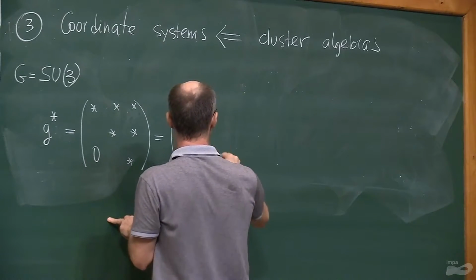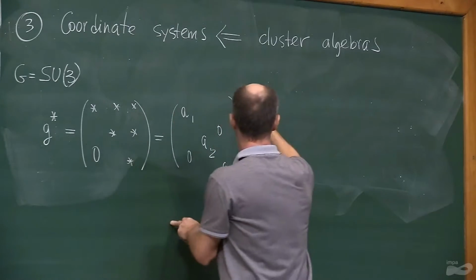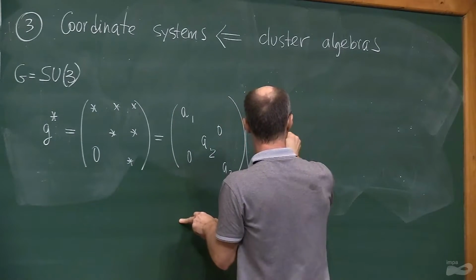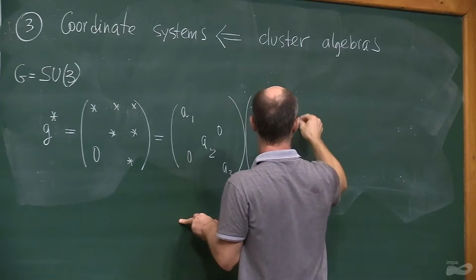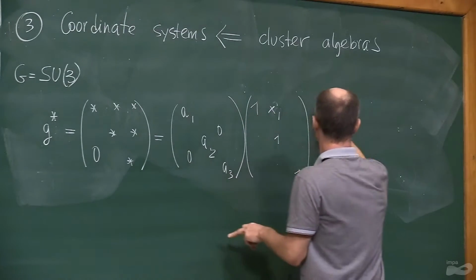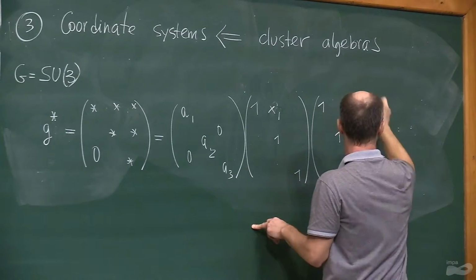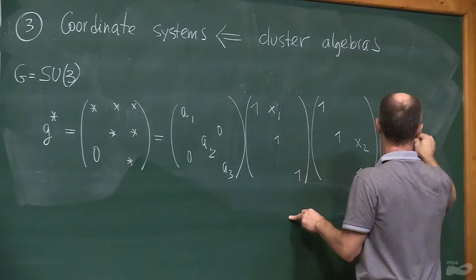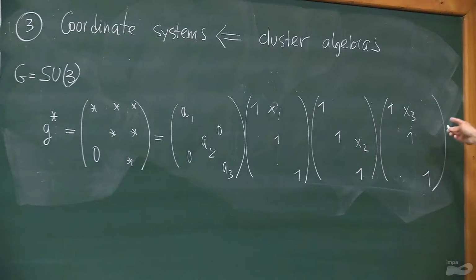First of all, let's factorize it into the diagonal and into the product of the so-called Jacobi matrices. So all the matrix elements that I don't write, they're zeros. So, and this is a coordinate system which covers almost everything.